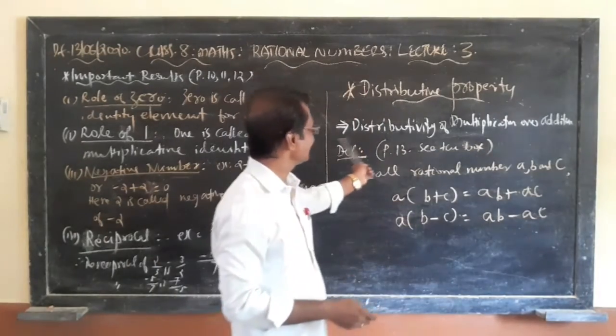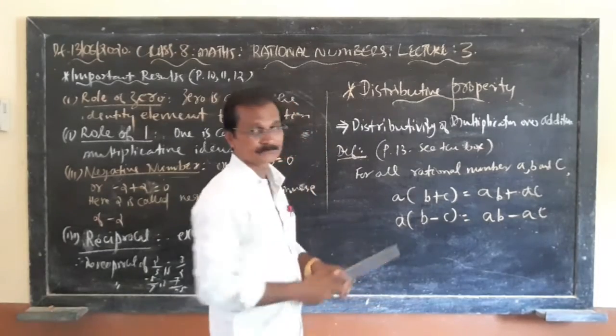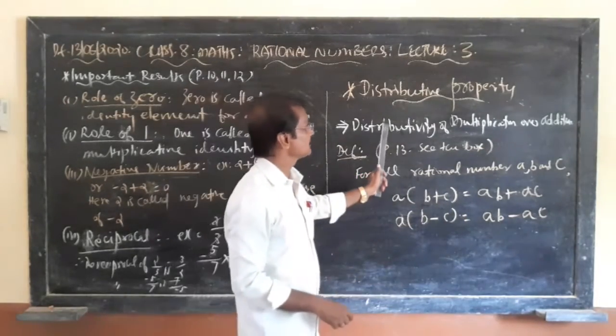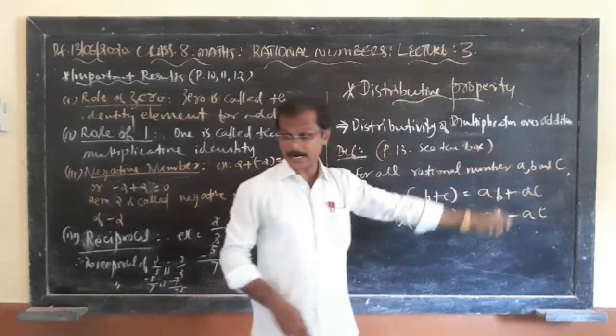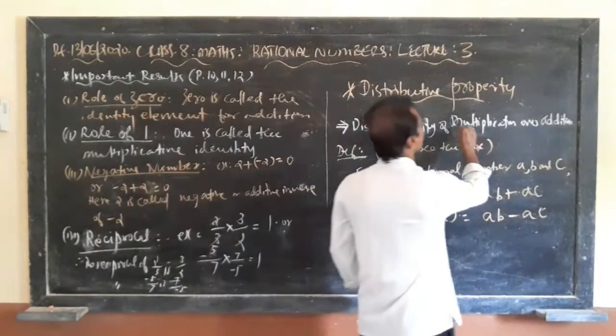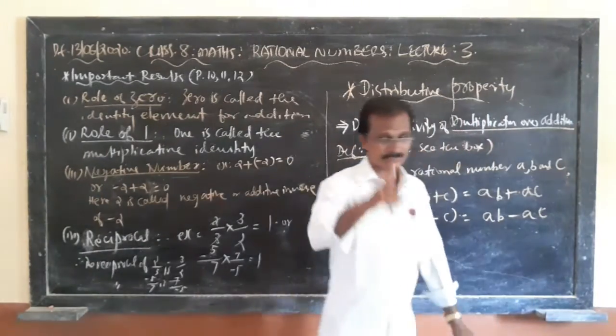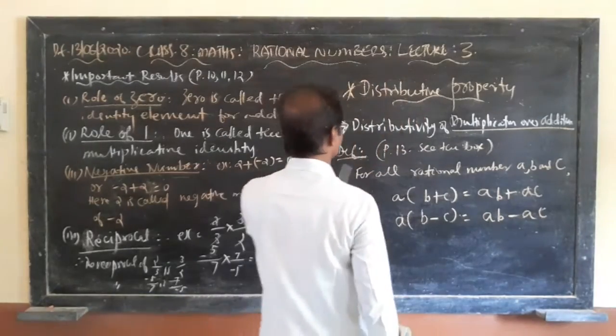This is what we call the distributive property. Let us see how it is. But remember, this is the most important: distributivity of multiplication over addition, possible only in multiplication over addition.